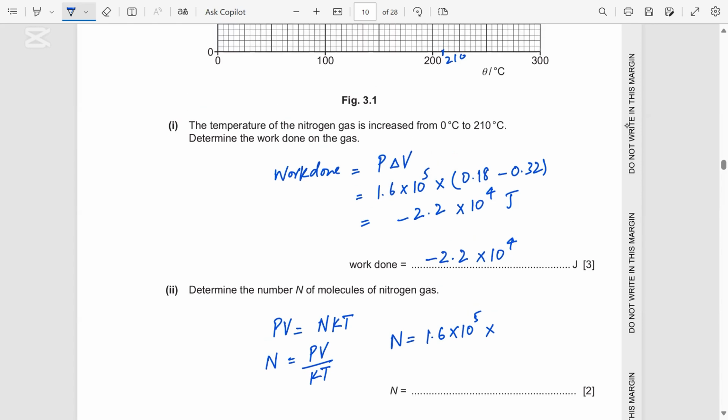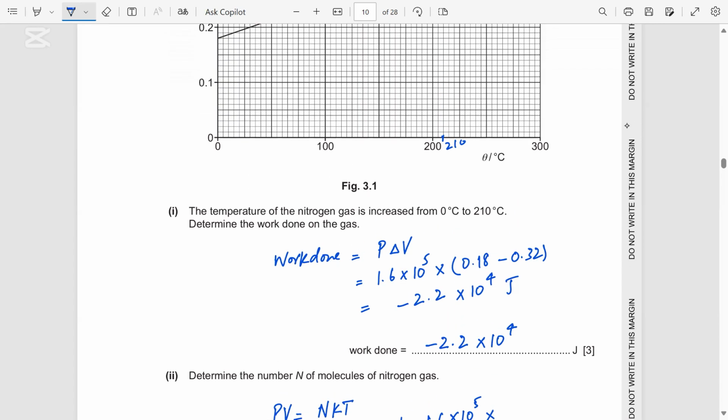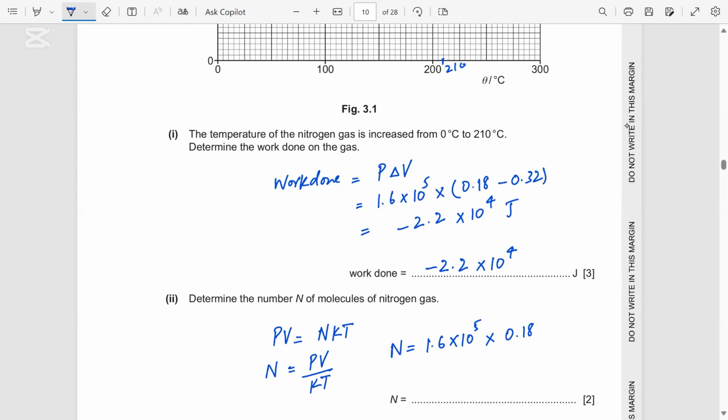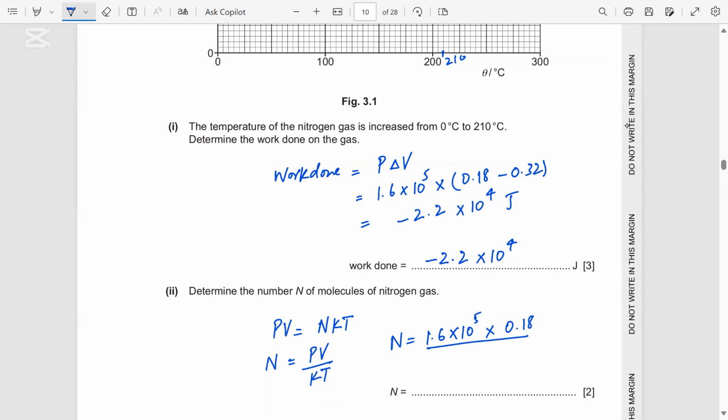Let's say we take one temperature here, that is 0. The volume here is 0.18. Then the Boltzmann constant k is 1.38 times 10 raised to power minus 23. And the temperature should be in Kelvin, not in degrees Celsius. 0 degrees Celsius is basically 273 Kelvin. You get your answer here as 7.6 into 10 raised to power 24.